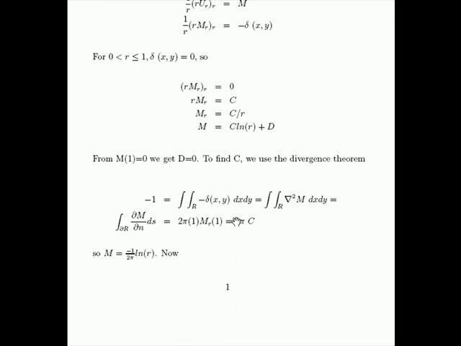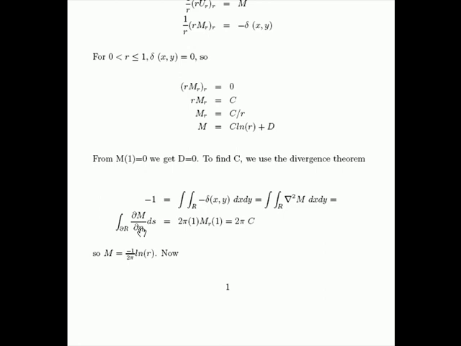But now the Laplacian of m is equal to minus delta, so the Laplacian of m integrated over the whole disk is minus 1. But now here's where we use the divergence theorem. See, that's the divergence of the gradient of m, and that's equal to the integral over the boundary of the gradient of m dotted with the outward unit normal, which is partial of m with respect to n.